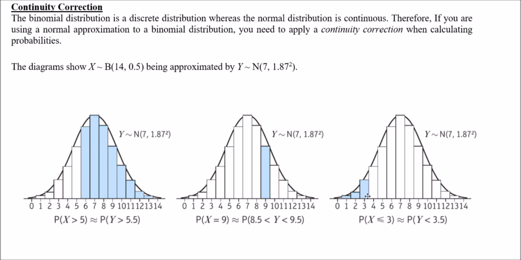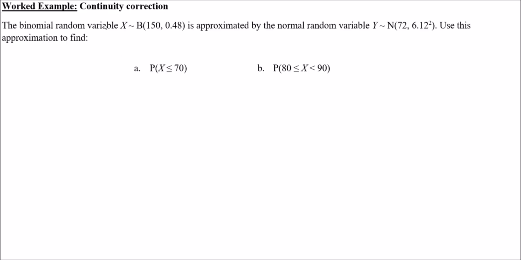Let's try a couple of worked examples using this idea of the continuity correction. So, the binomial random variable, big X, follows the binomial with number of trials 150, probability of success 0.48, and we're going to approximate this with the normal random variable Y, with mean np, 72, and variance n times p times 1 minus p, 6.12 squared.